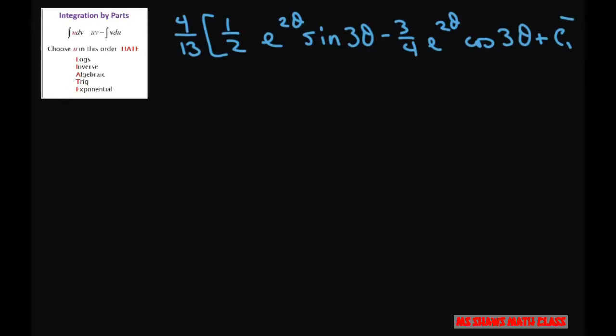Let's simplify that. This is going to give you 4 over 26 e to the 2 theta sine of 3 theta.